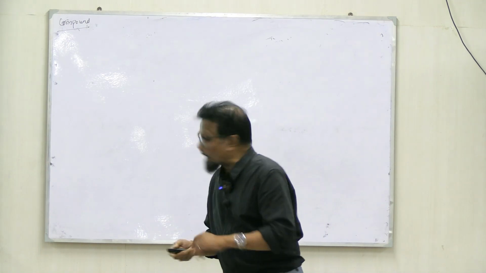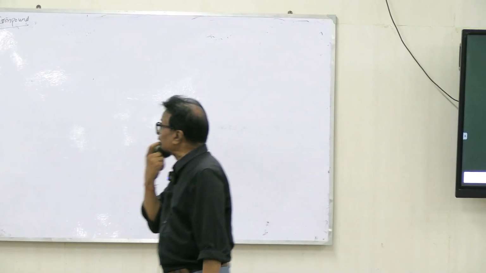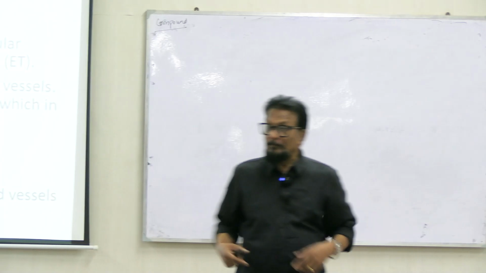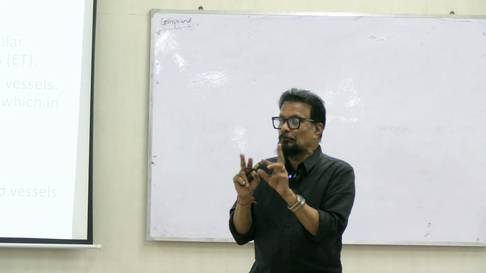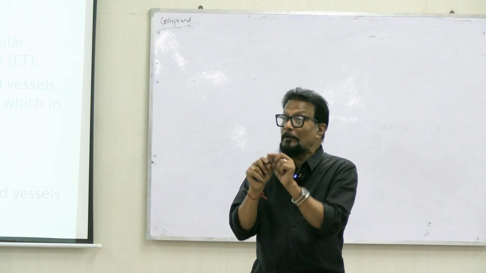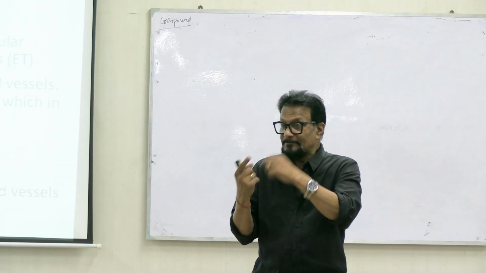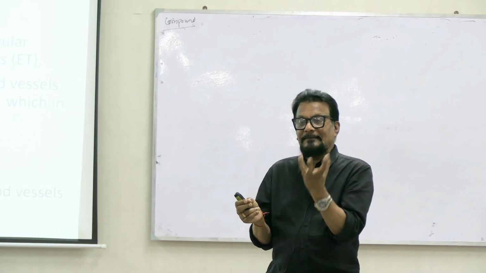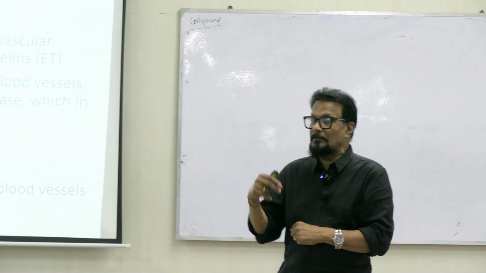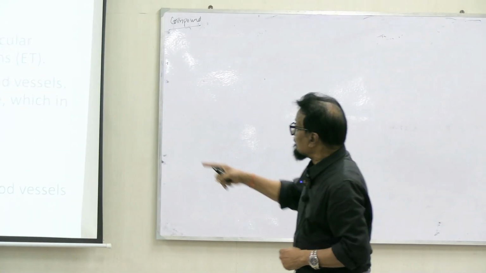And lastly, the local mechanism. Local mechanism means locally in the local area, from the blood vessels itself, they will produce two kinds of things. Some of these chemicals will act as vasoconstrictors, some will act as vasodilators.